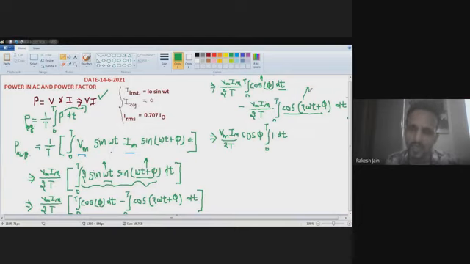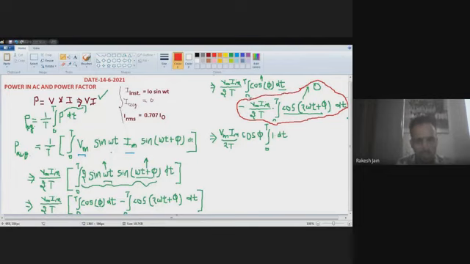During that derivation we proved that whenever there is an integration of a cos 2 omega t type term or sin 2 omega t type term, the result is always 0. If you have any confusion, you can ask after the completion of this lecture. So the second term is completely zero.